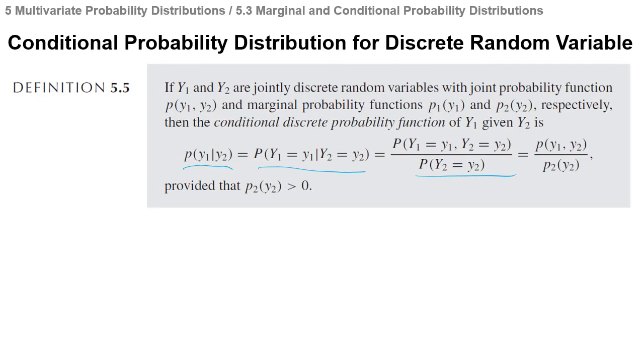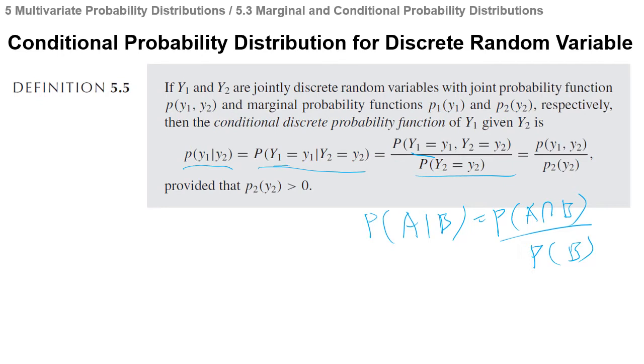In the previous chapter, we described conditional probability for two sets, set A and set B: the probability of A intersection B divided by the probability of B. Now we want to extend it to the probability function. So actually these are very similar.